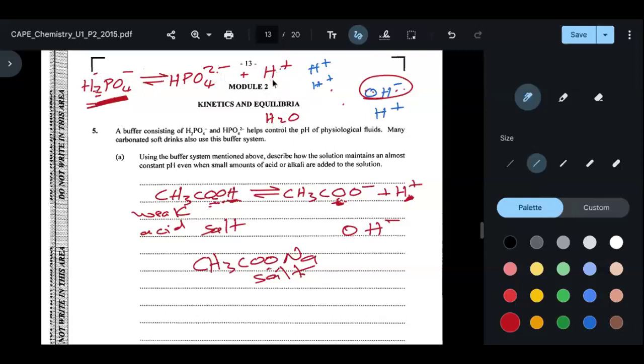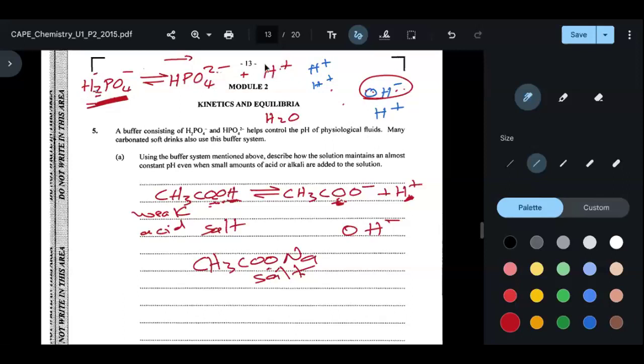But not a lot of H plus would be in there. So it should be able to accept, this is an acid, this is a base. So if it accepts a proton, it will tilt the equilibrium to the right, where you get HPO4 2 minus.